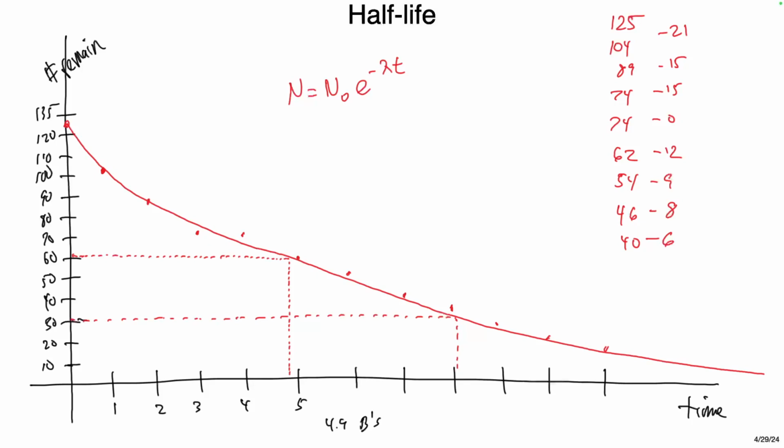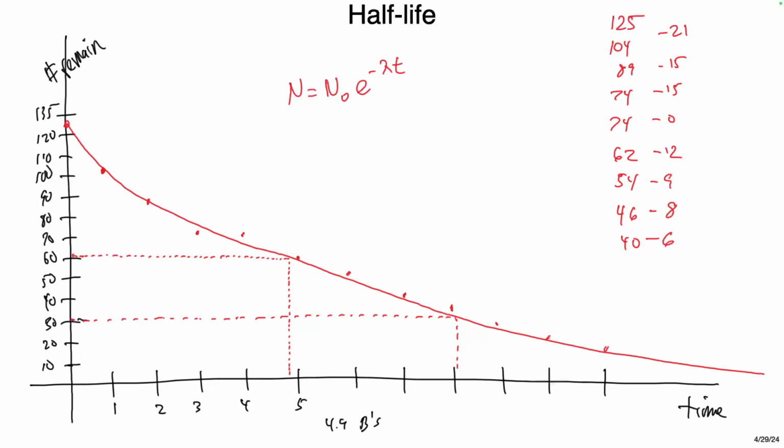Every time we go through a half-life, we take half of what remains. So after 2 half-lives, how much remains compared to the very beginning? If we start with 1 or 100, how much do we have left after 1 half-life? Half. And then after 2 half-lives?